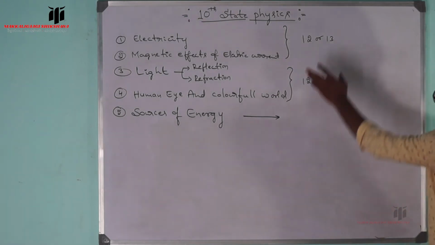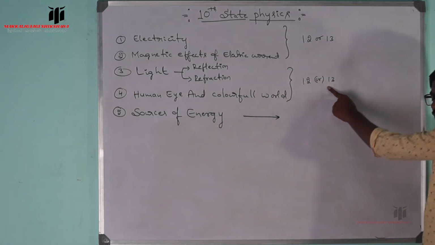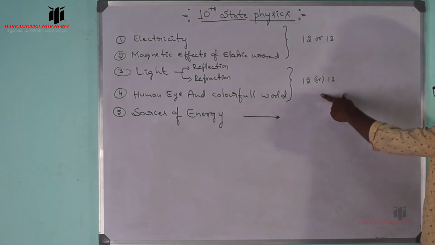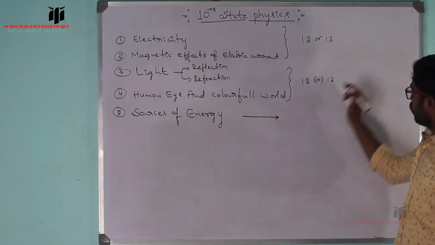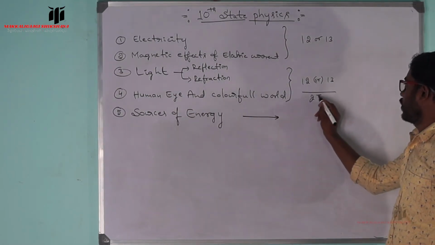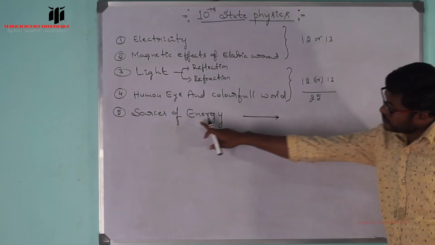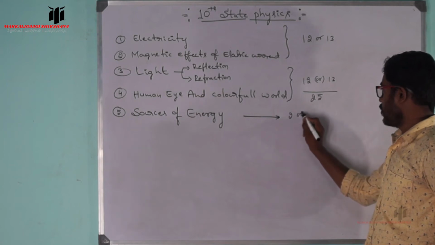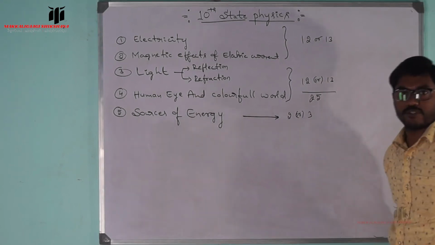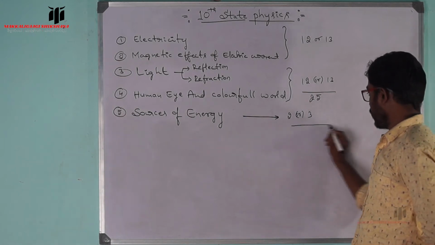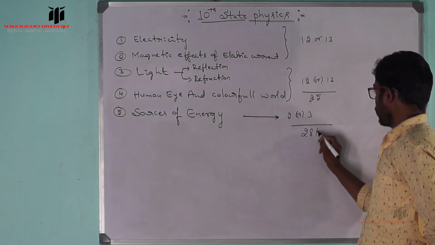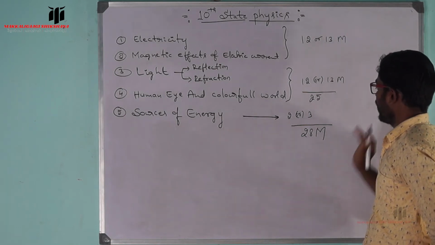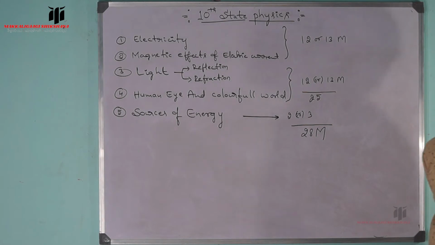Observe carefully: if they ask 13 marks here, they will ask 12 marks here, and if 12 marks here, 13 marks here. So the total is 25 marks. And from sources of energy, they will ask 2 or 3 marks. So in total we can expect 27 or 28 marks from this physics syllabus.